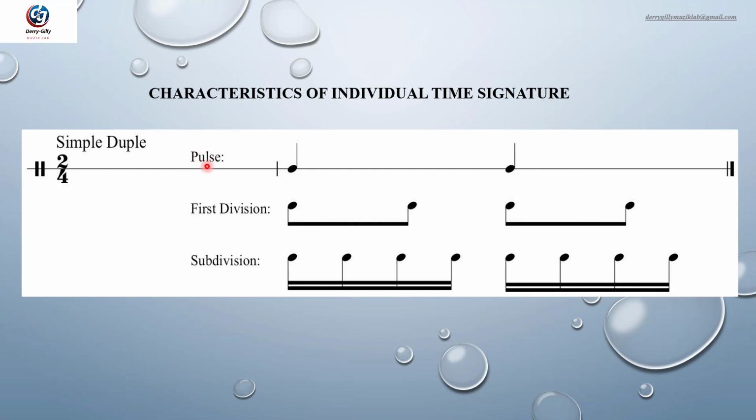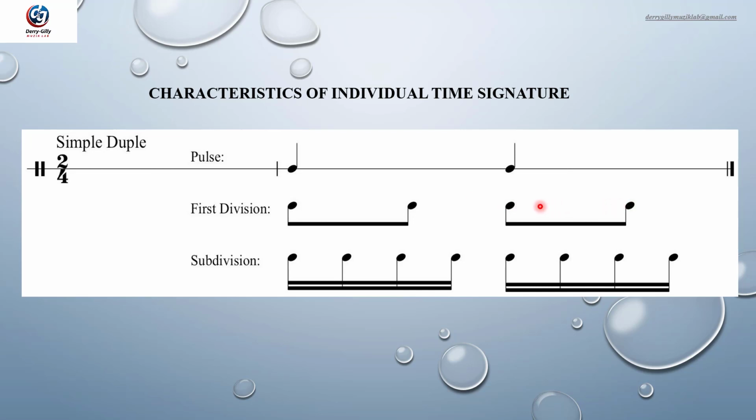Our pulse is 1 1 1 1 1 1, and you can see that the first division of this pulse is grouped into two. One out of this, you have two of this, and the next one has also been divided into two. That's the first division.